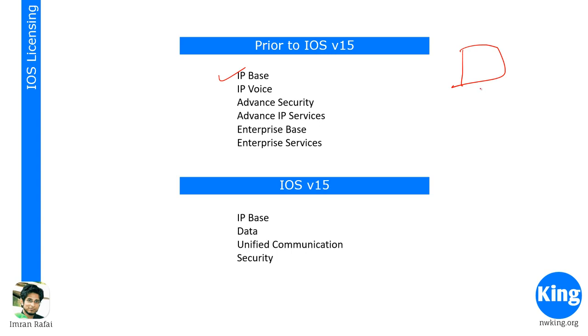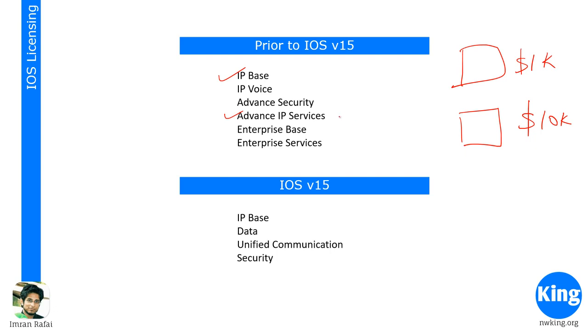Maybe your friend says, okay, I want Enterprise IP Services, right? It's the same hardware, but with IP Base it cost you $1,000, while your friend paid $10,000. Okay, don't quote me on the numbers, I'm just giving you random numbers.